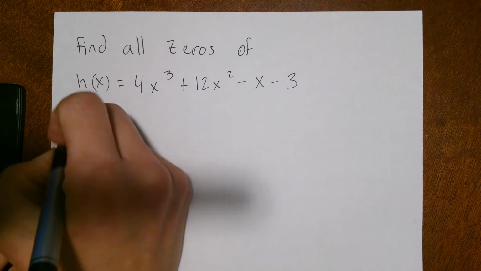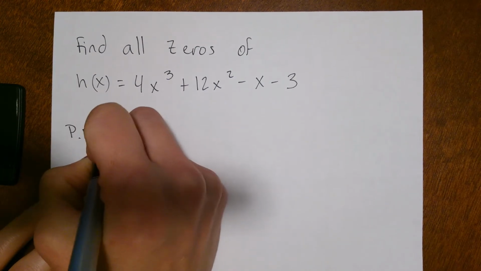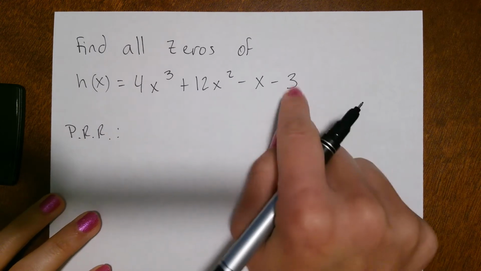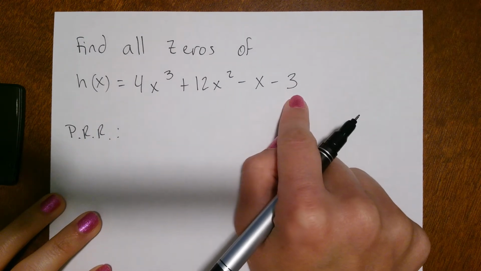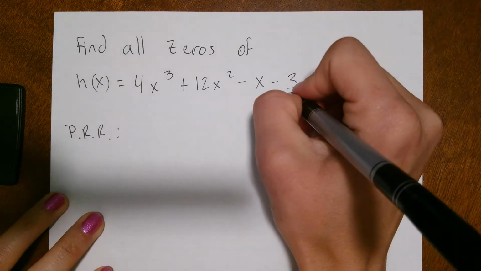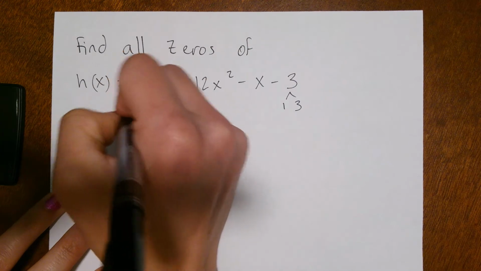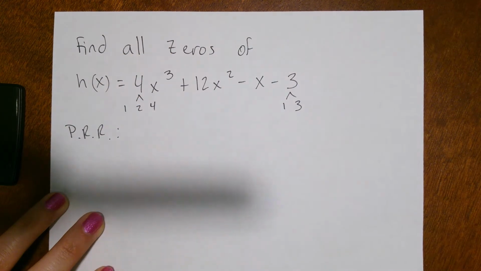So I'm going to start by listing all of the possible rational roots for this. Remember, that is the factors of the constant divided by the factors of the leading coefficient. So the factors of 3 are 1 and 3. The factors of the leading coefficient are 1, 2, and 4.